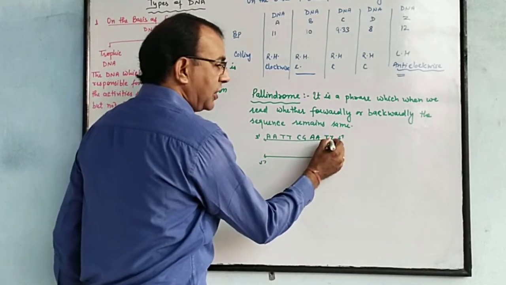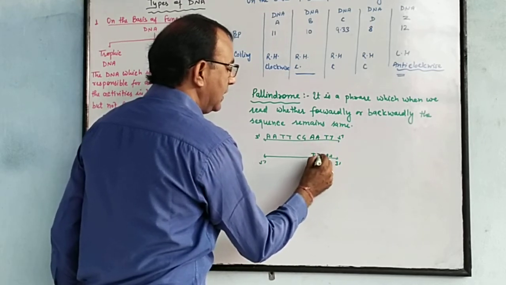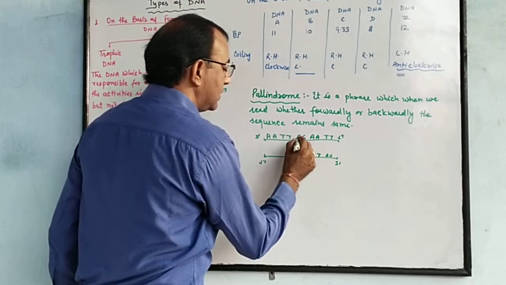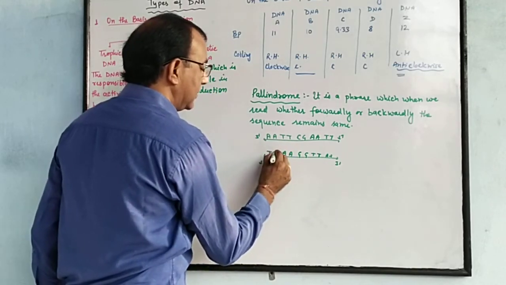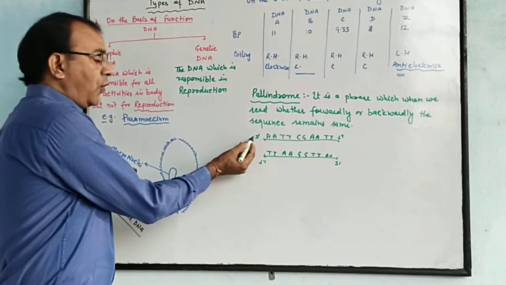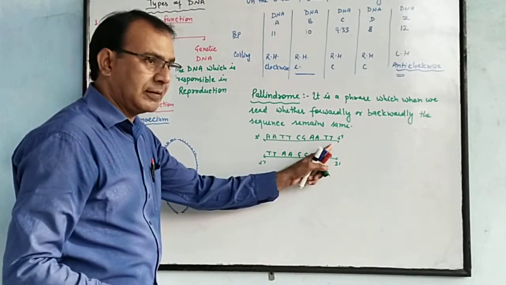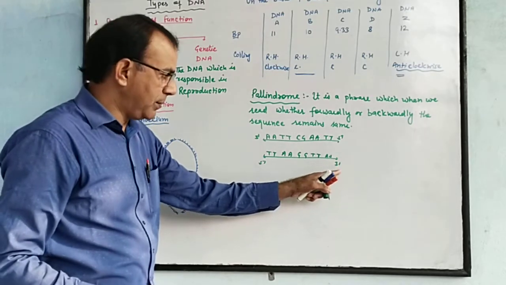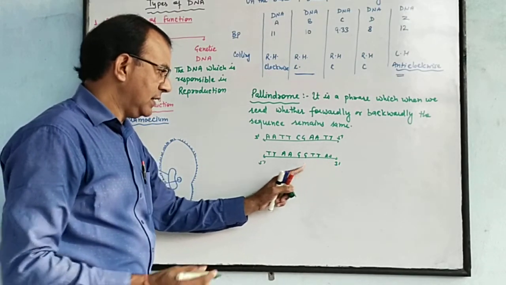We know that T bonds with A, A with T, G with C, C with G. If the 3 prime of the first strand sequence is AATT, CG, AATT, then the sequence of the other strand, 3 prime to 5 prime, is also AATT, CG, AATT.